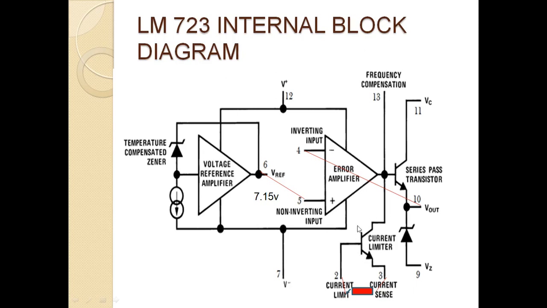Once it conducts, the current through its collector increases. Because the current is divided here, this decreases the current flowing through the base of the series pass transistor. In this way, the current limiting circuit works in the LM723.